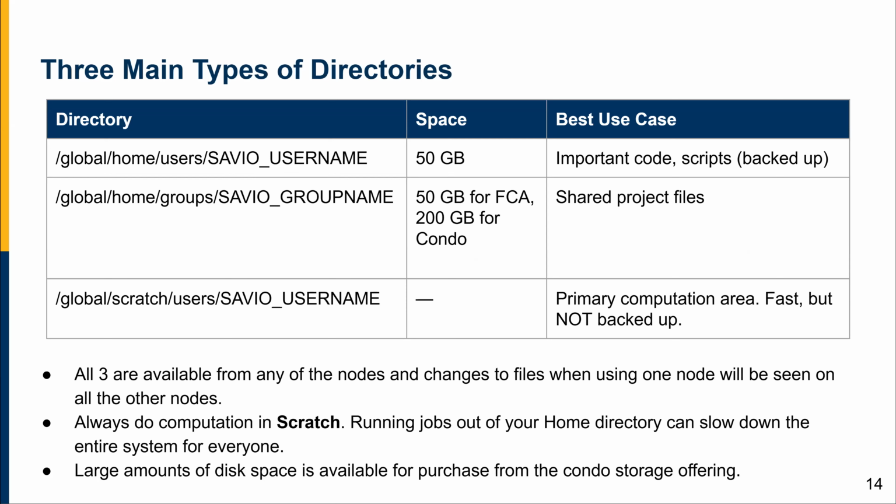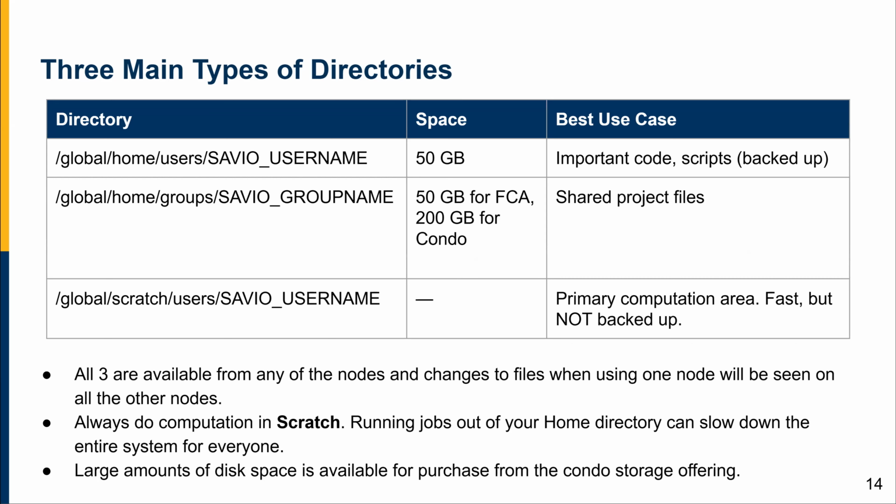This was on the right in the Savio diagram, but there are three main kinds of directories on Savio. There's your home directory, which you should have if you have an account. Your space there is limited to 50 gigabytes. It's best used for important code or scripts or things you need backed up.